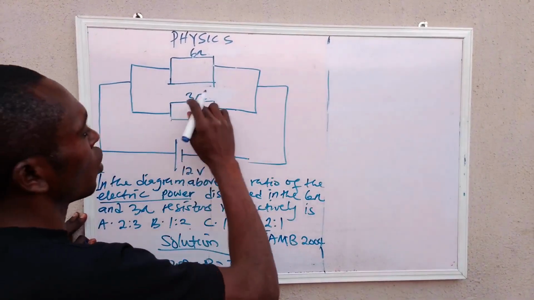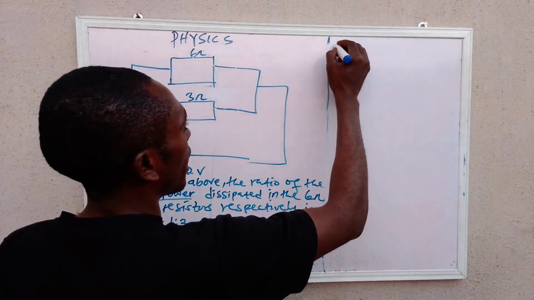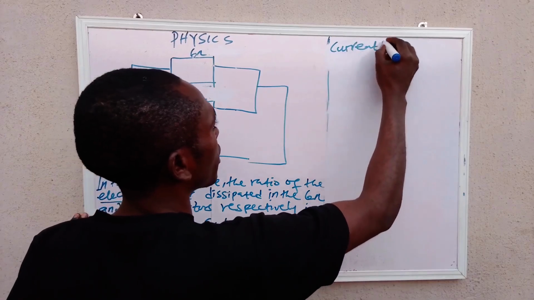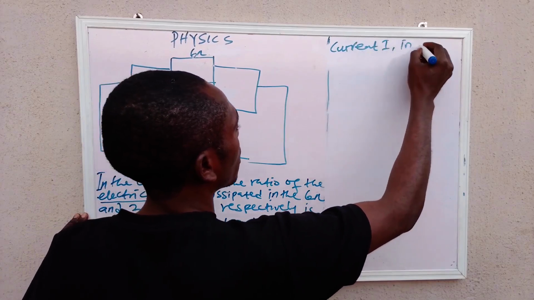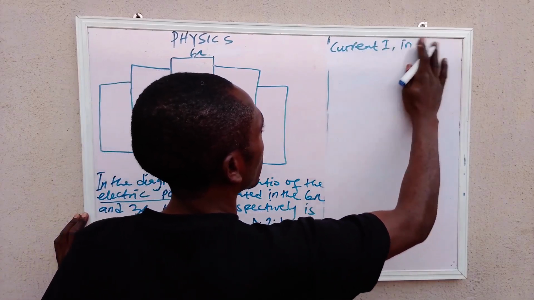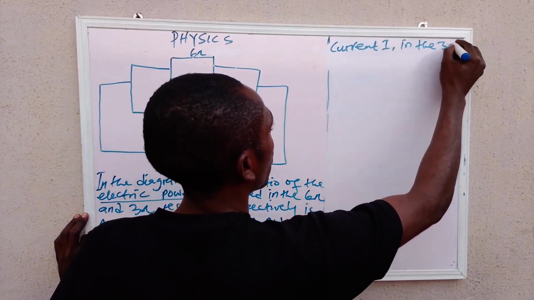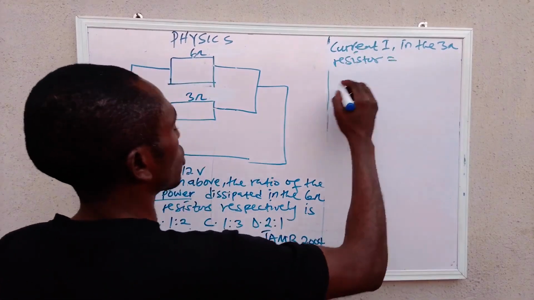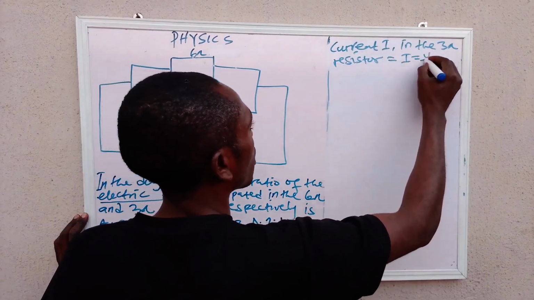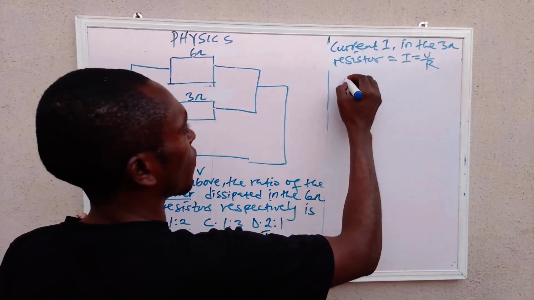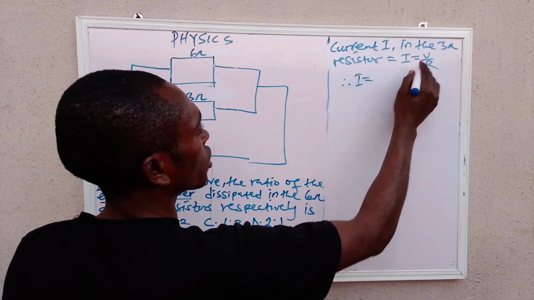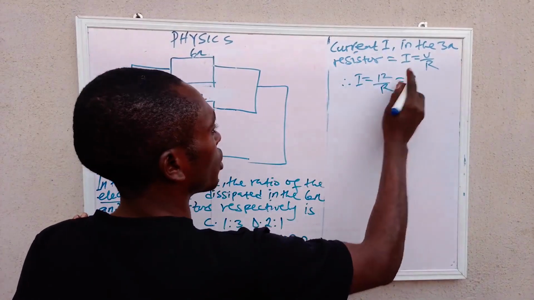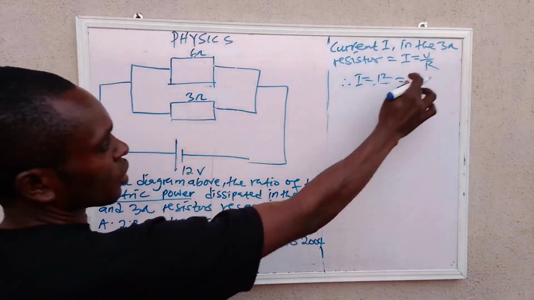So let's say the current I in the 3 ohms resistor is going to be equal to V over R. The V is this 12 volts, over R, the 3 ohms here, since we're talking about 3 ohms.